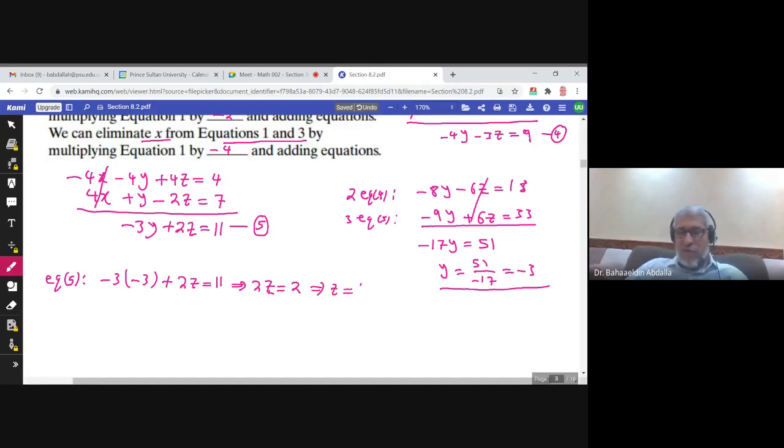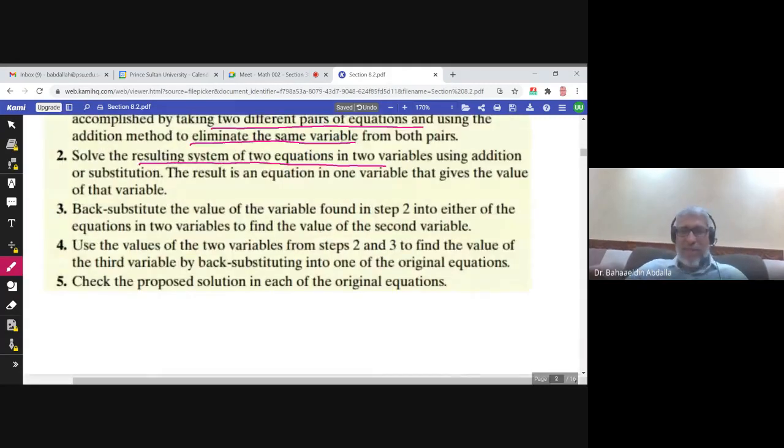So z is 1. So now I have the value of z and the value of y. This is what he meant when he said solve the resulting system of two equations in two variables. The result is an equation in one variable, and then back substitute to find the value of the second variable. So I found the value of the second variable.